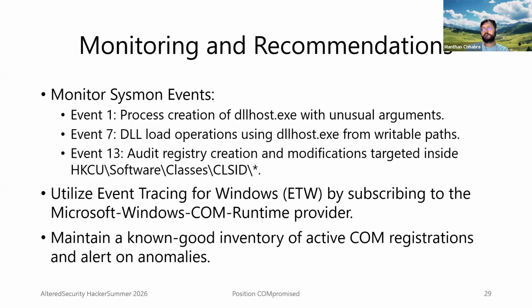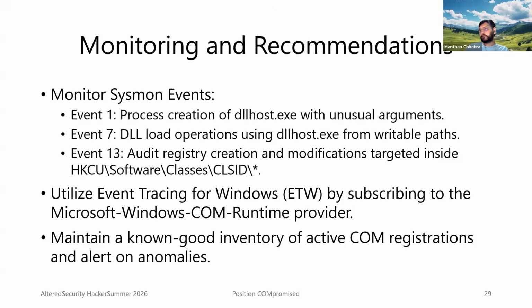Look out for DLL loads through rundll32 as well, especially from writable paths. It's pretty common for COM to load DLLs from system paths like C:\Windows\System32, but user-writable paths could be dangerous. If any of these components are loading DLLs from there, that might be malicious behavior.